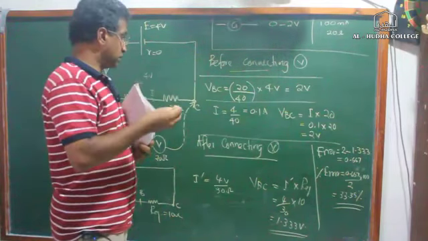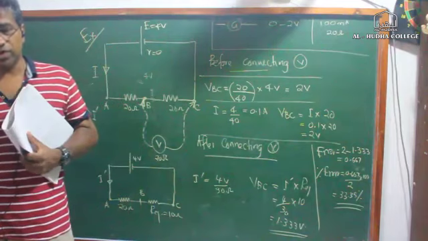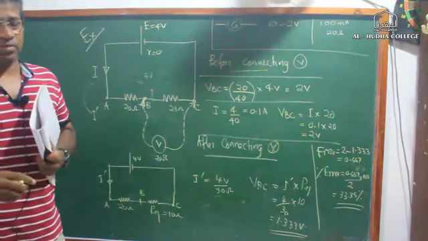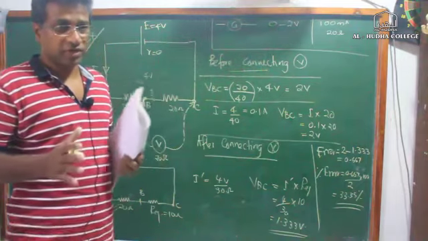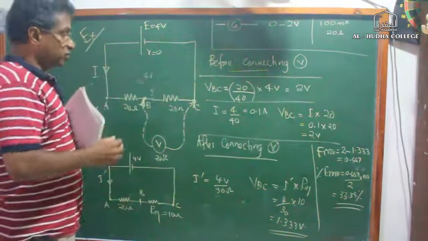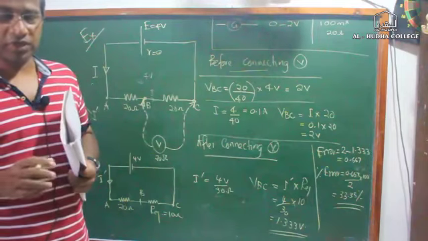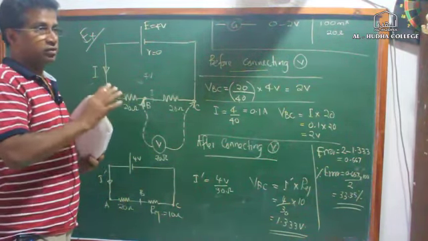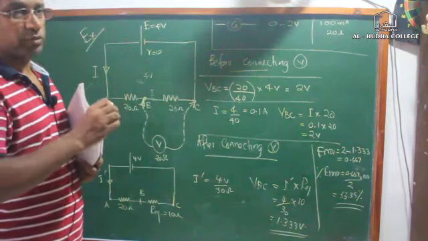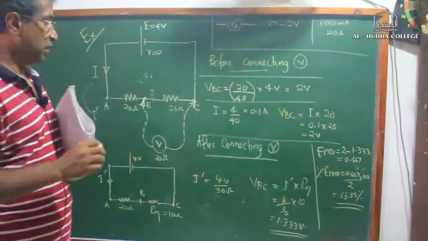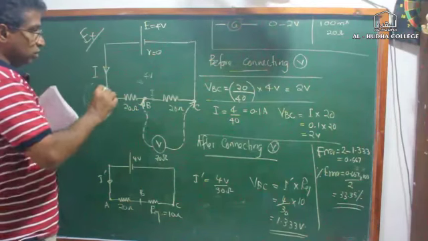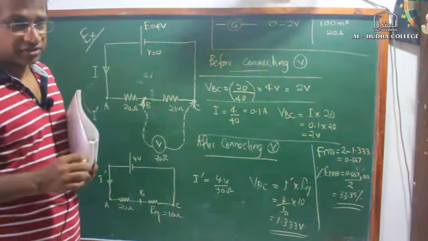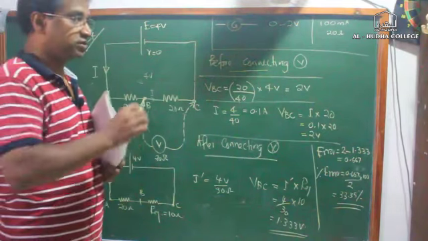Here the voltmeter should ideally be of infinite resistance, but we can't find an infinite resistance voltmeter in the case of analog voltmeters. With electronic or digital voltmeters it is possible to have infinite resistance, but we won't be doing that now. In analog or galvanometer based voltmeters, there will be finite resistance.